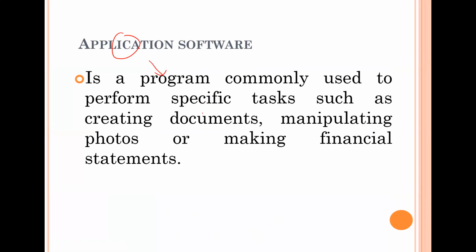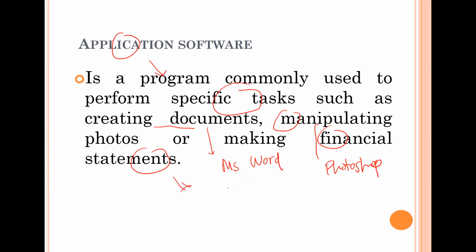A program is a structure of the programming language that performs a specific task, such as creating and managing documents, like Microsoft Word, manipulating photos, like Photoshop, and making financial statements for calculation. We've got Excel, for example, and any other software example that we can use or see in our day-to-day life.